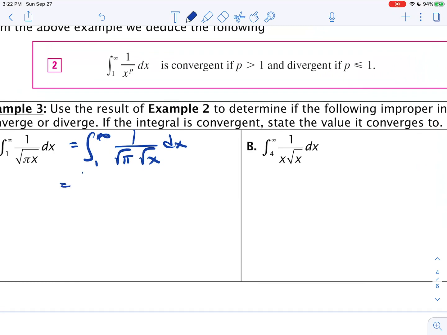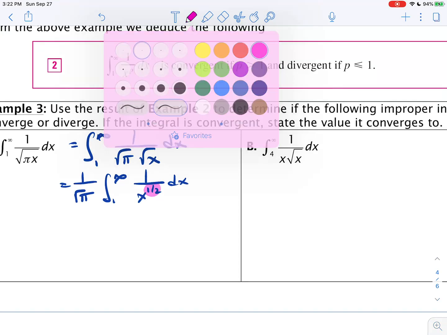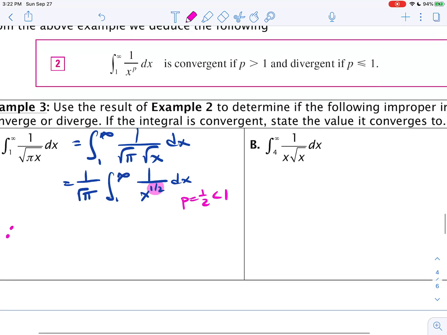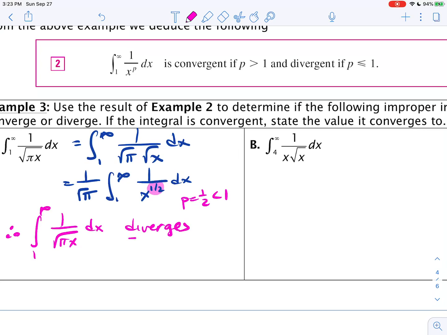I can take out the constant, and I can convert my square root x to x to the 1/2, and I can see here that p is equal to 1/2, and I have that p equal to 1/2 is less than 1. So conclusion, my integral from 1 to infinity of pi square root x dx diverges.